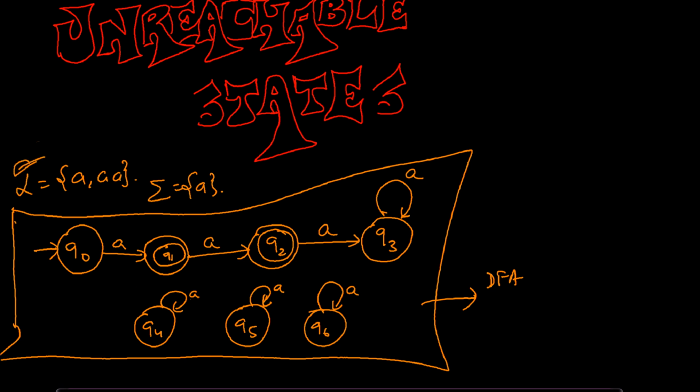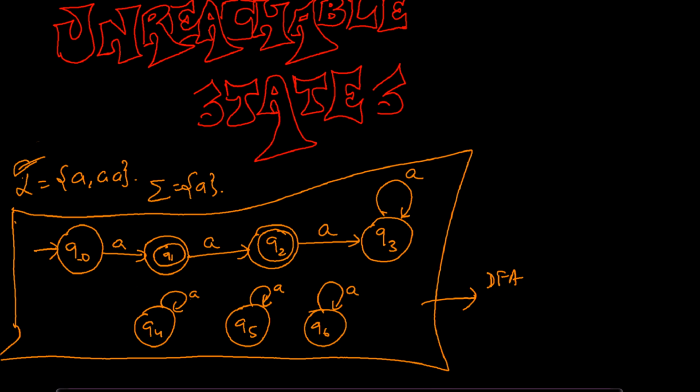So you can introduce as many unreachable states as you want in the DFA. It will still be the DFA of this language only, right? Because from the initial state you are reaching the final state, which conforms to this language. Of course, the strings accepted by this DFA are A and AA only.